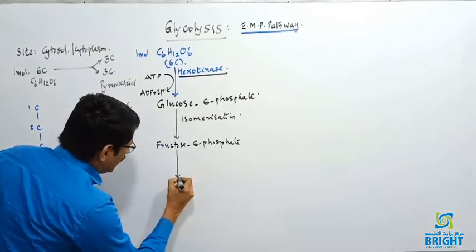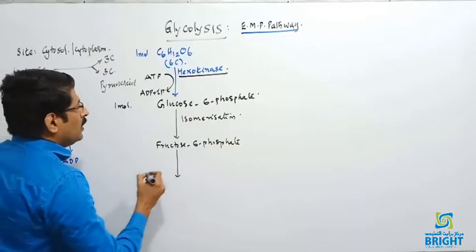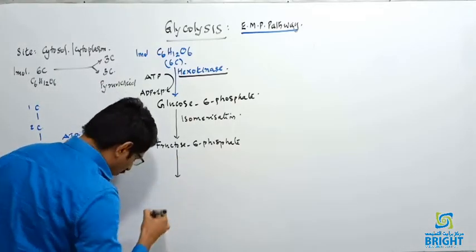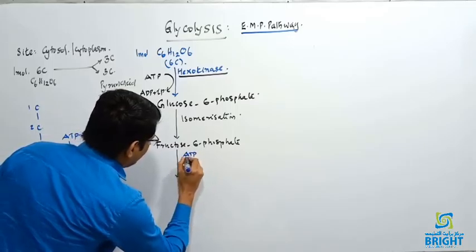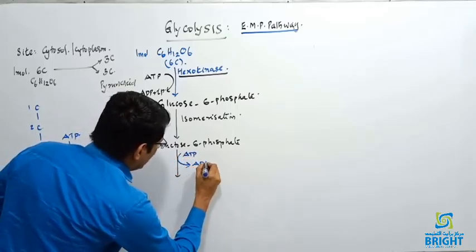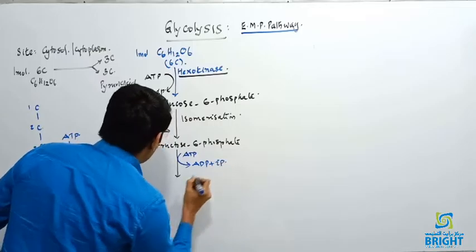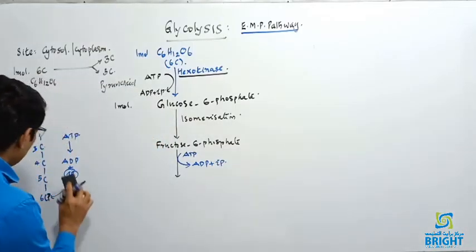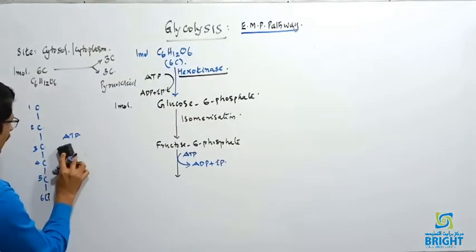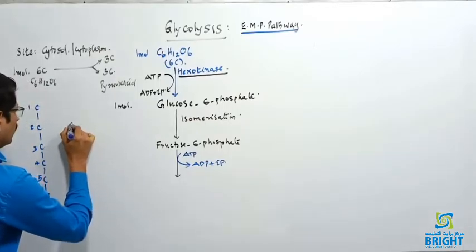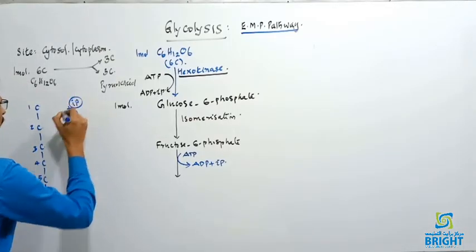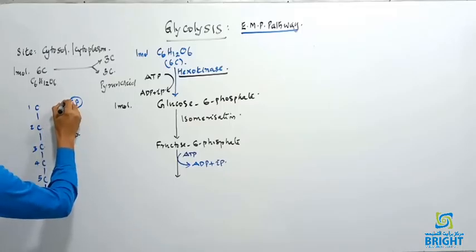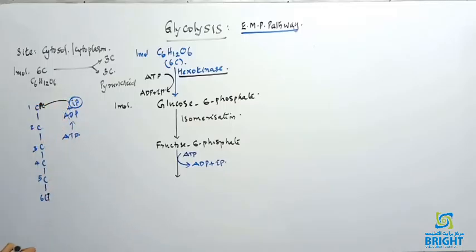And the next stage, here 1 more molecule of ATP breaks down into ADP and inorganic phosphate. Now this ATP breaks down into ADP plus inorganic phosphate, and this inorganic phosphate combines with the first carbon.